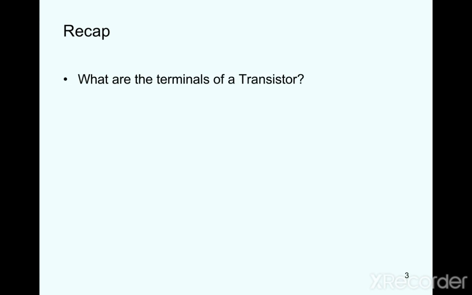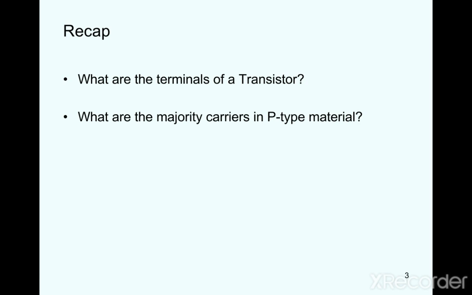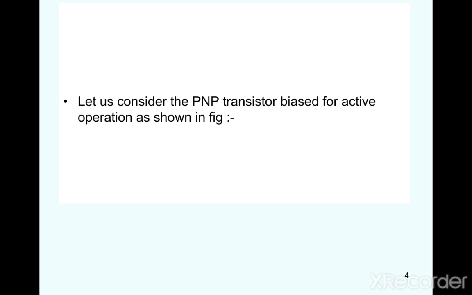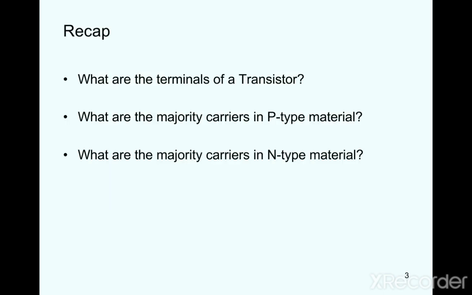In recap, in the previous class we studied about the terminals of the transistor, what the majority carriers are in p-type material and in n-type material, the symbol of the transistor, how the NPN transistor is formed, and what terminals exist in a transistor.